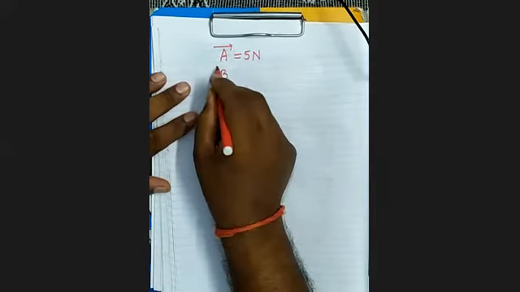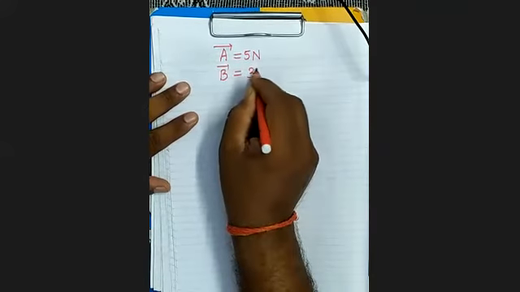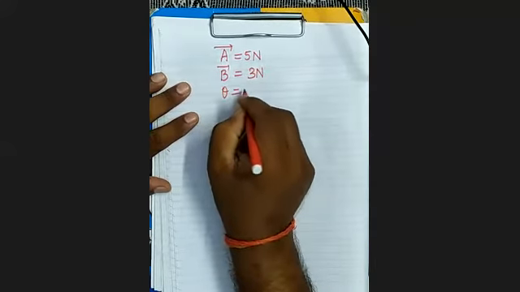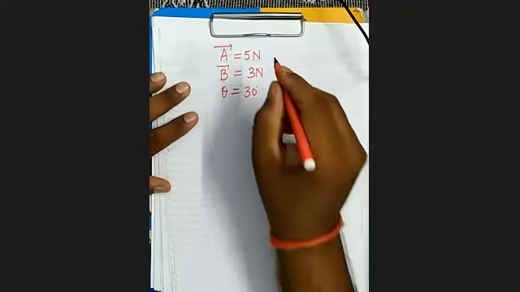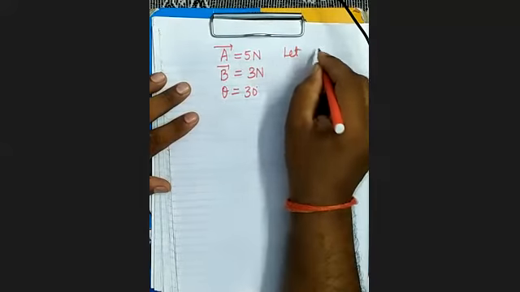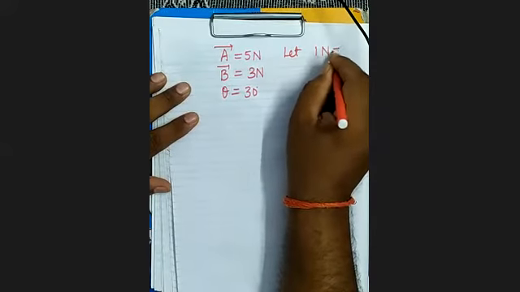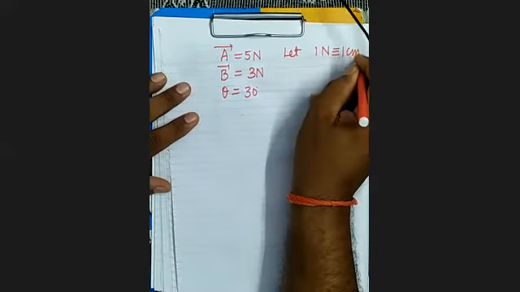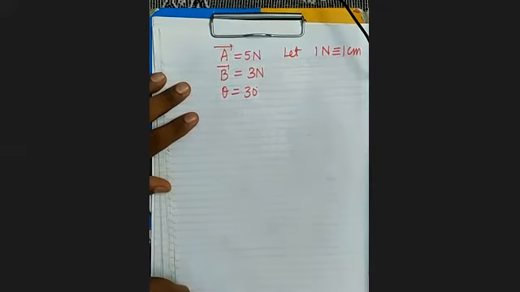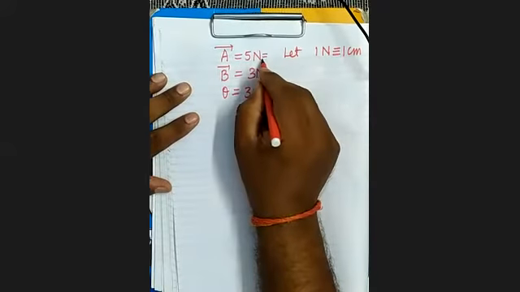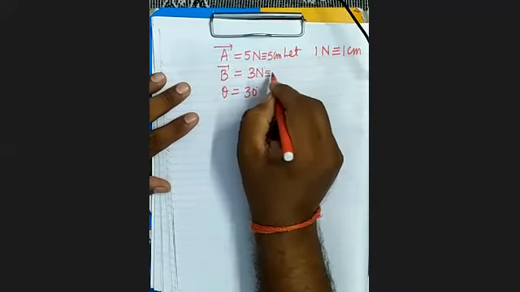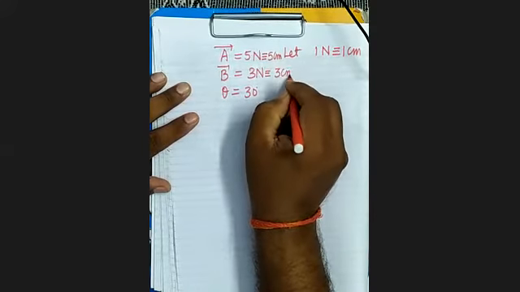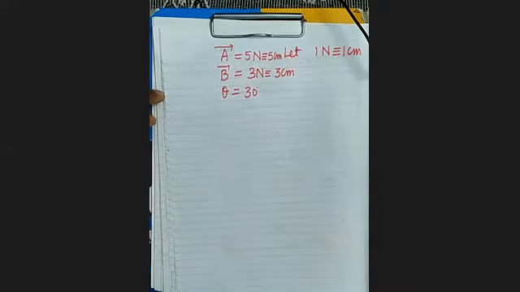Vector B is of 3 Newton, and the angle between them is 30 degree. We will take a scale, let 1 Newton equal 1 centimeter of scale. So A can be represented by a line segment of 5 centimeter. B can be represented by a line segment of 3 centimeter.